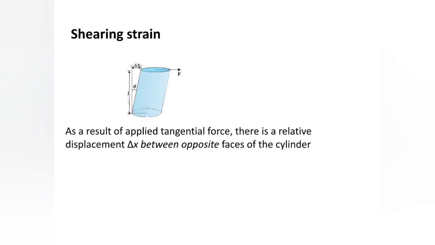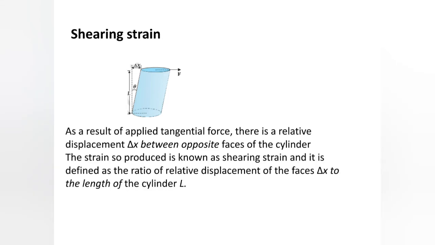The upper layer gets displaced relative to the lower layer of the cylinder, and you could see that shape of the cylinder now. If delta x is the displacement of the upper layer relative to its lower layer, and L be the length of the cylinder, then the shearing strain is defined as delta x by L.